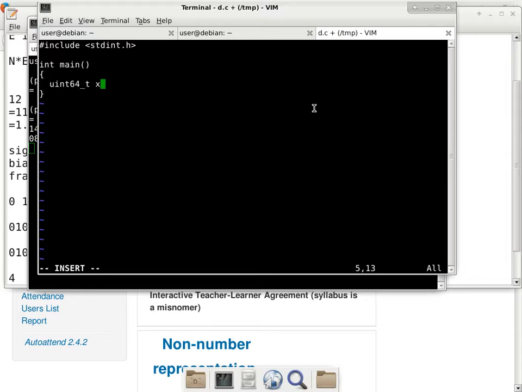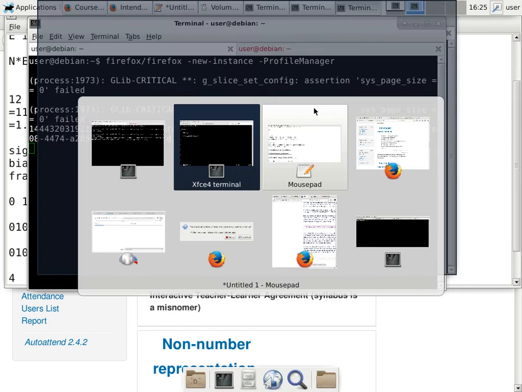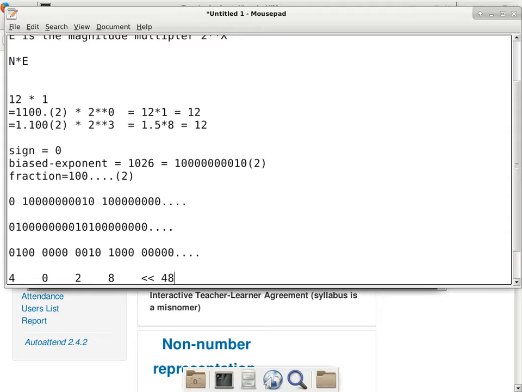uint64_t, and we'll just call it x, and x is now uint64_t because we have to cast the constant before shifting. So it's 4084. Oh, what was it again? 4028.